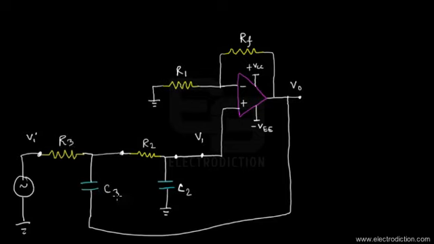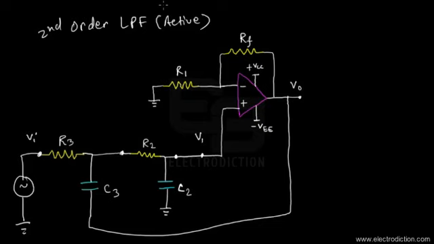So here, if we call this resistor R3 and this is C3, then the resulting circuit that we get over here is basically a second order low pass filter. I'll just write LPF in short. So this is basically a second order active low pass filter.